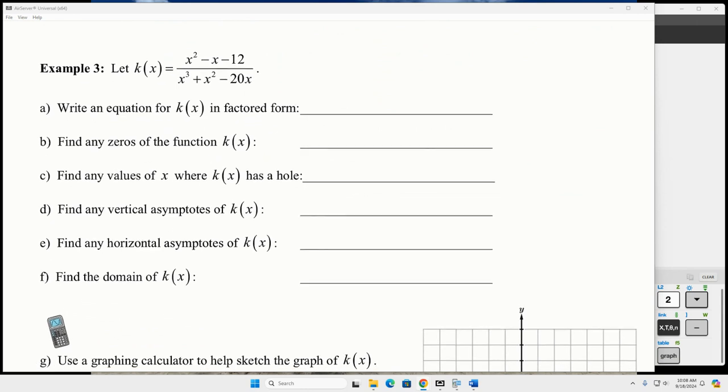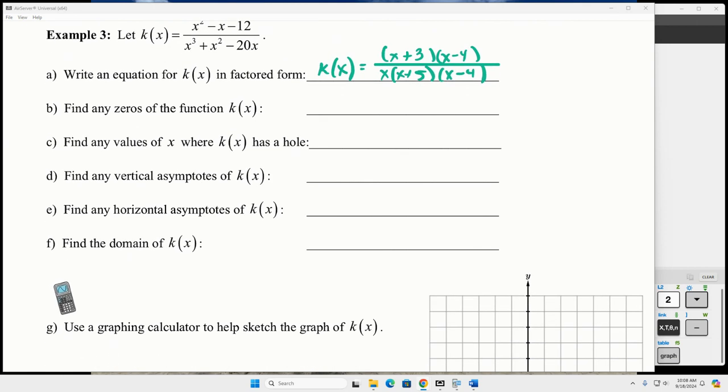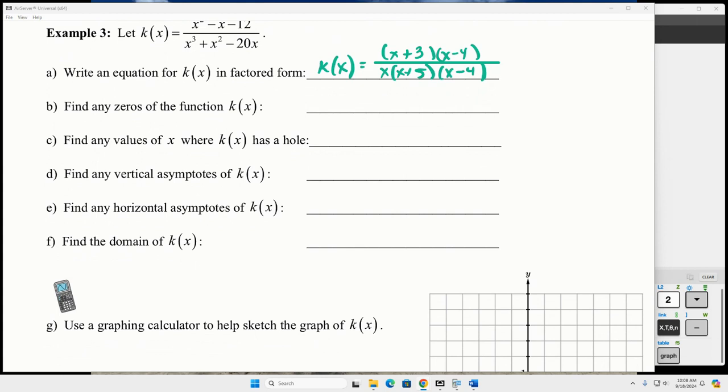All right, let's look at example 3. This one we're going to do all the things. And so we're going to start off and write the equation in factored form. All right, so where are the zeros going to come from?